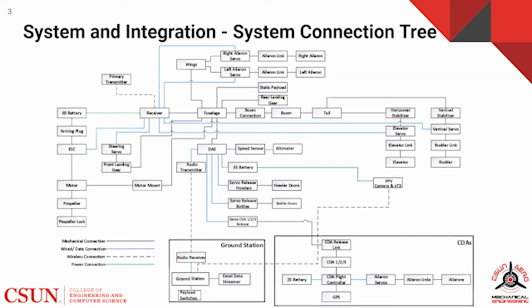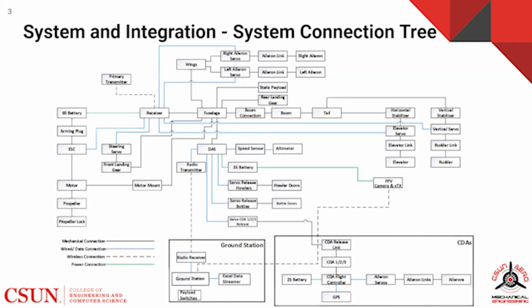If we take a look at the figure a little bit more, we see all the major subsystems of the aircraft, such as the fuselage, the wing, the data acquisition system, etc. And it shows how each component comes together individually.